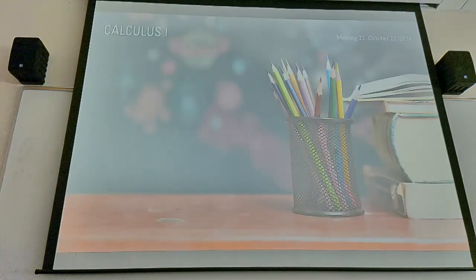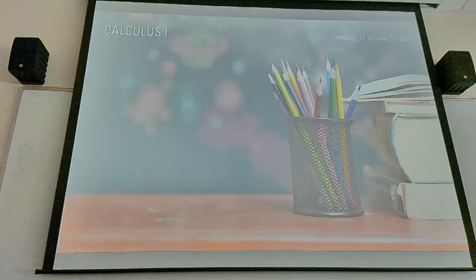This leads us to being able to approximate certain values. So for instance, square root of 4.01. Using the derivative, we'll be able to approximate that value.